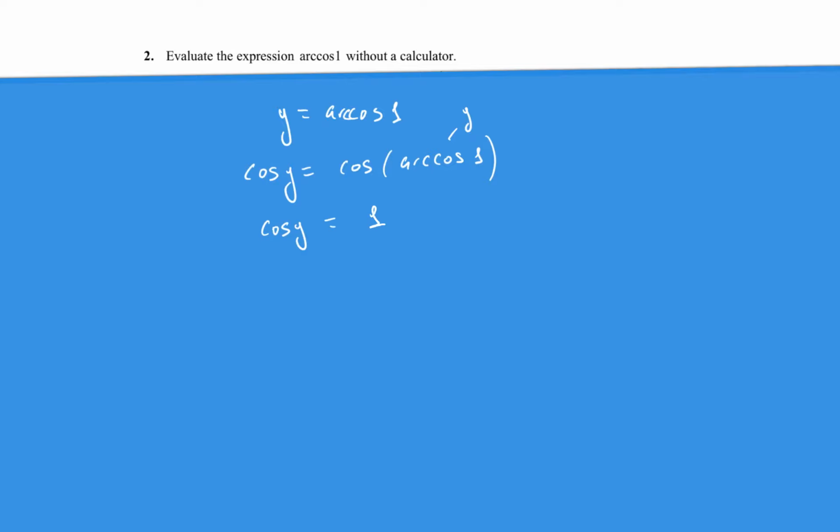Now the question is, who is y whose cosine is 1? The y whose cosine is 1 is y equals 0. So the solution is that arccosine of 1 is y, and y is 0. And this is the solution.